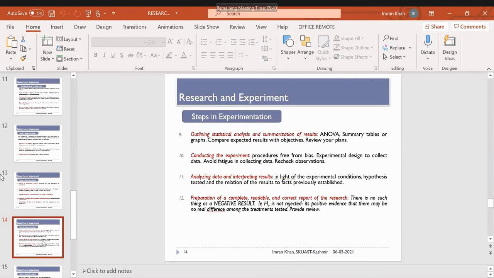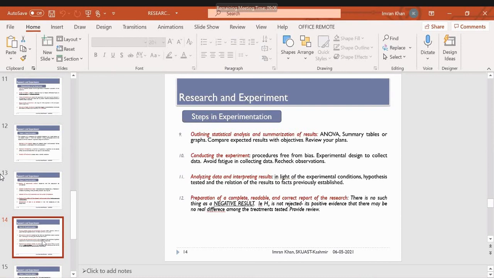Step 9 is outlining the statistical analysis and summarization of the results, because once you conduct your experiment, you will come up with the data. The data will be generated from the experiment. Once you have data with you, it's to be analyzed, because the information which the data contains will be extracted only once it is analyzed.